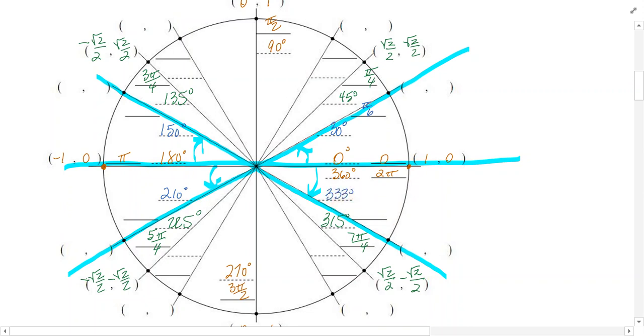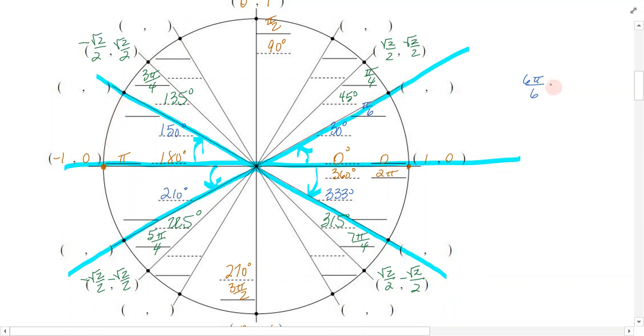Now, how does that translate into radians? So remember, we're letting the denominator of our reference angle guide us on how we determine this. So if pi over 6 is the reference angle, then one rotation here to pi would have to be 6 pi over 6. So we know that if we are in the second quadrant, we're going to subtract from the x-axis.